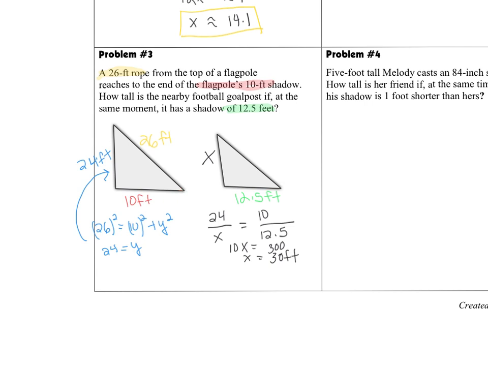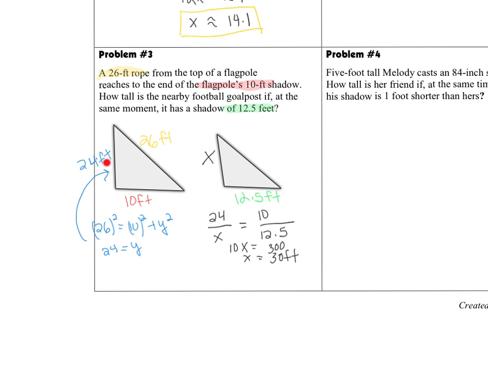How tall is the nearby goalpost if at the same moment it has a shadow of 12.5 feet? So we don't know how tall the goalpost is, and here is the shadow. So this is what we're looking for, but we need to start over here with this triangle, because we're told that this rope coming down is 26 feet, and that this shadow right here is 10 feet.